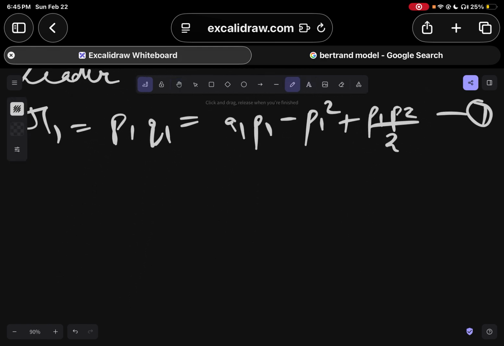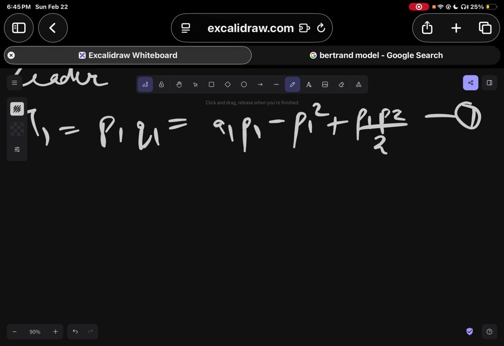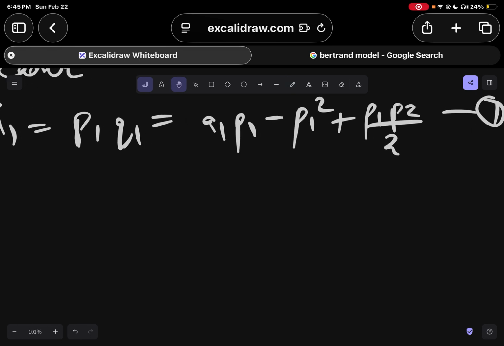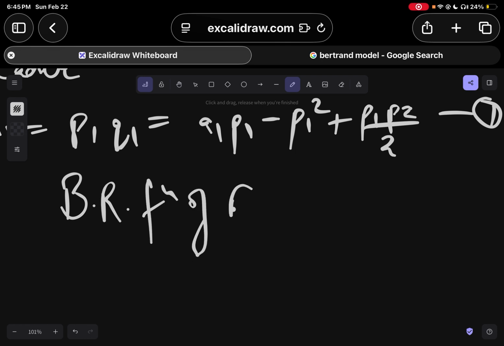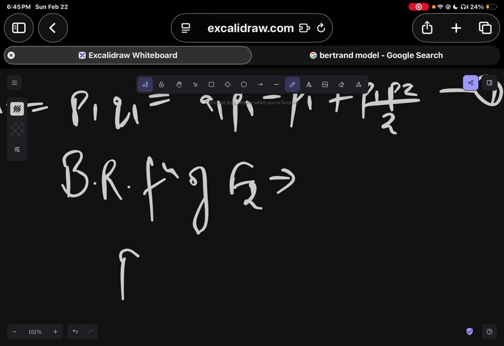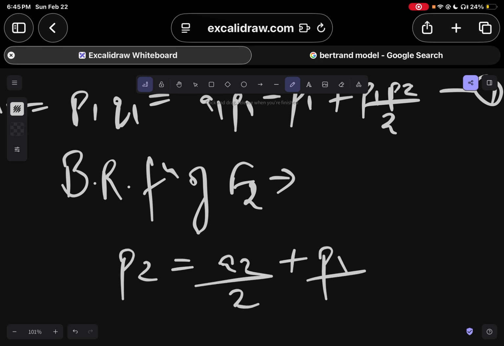So moving on, the best response function of firm 2, as we did earlier, is P2 equals A2 upon 2 plus P1 upon 4.